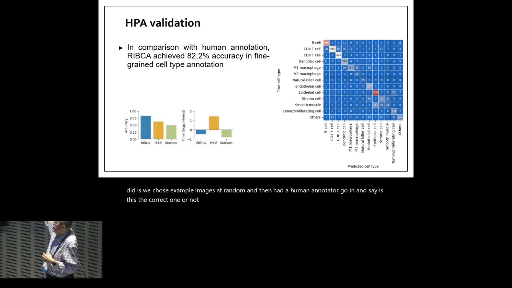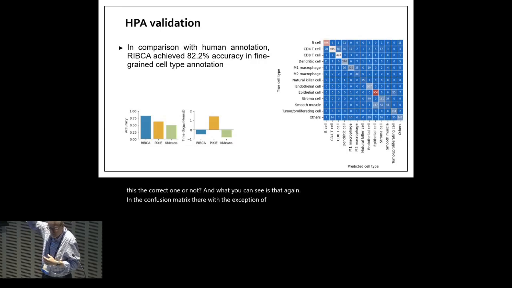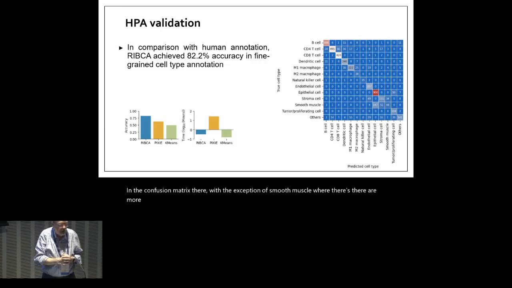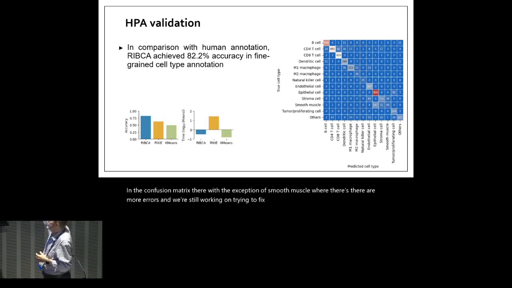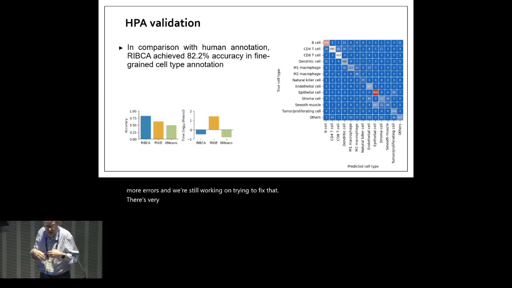And what you can see in the confusion matrix is that, with the exception of smooth muscle, where there are more errors and we're still working on trying to fix that, there's very high agreement between the human annotator and the predicted cell types.